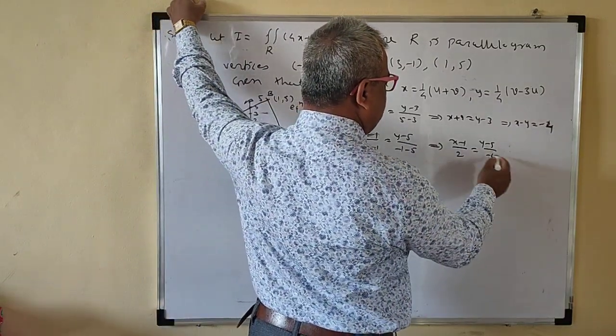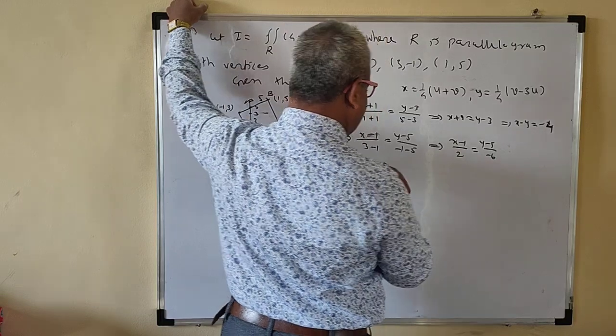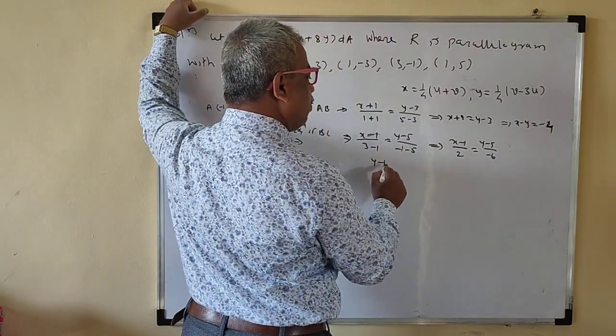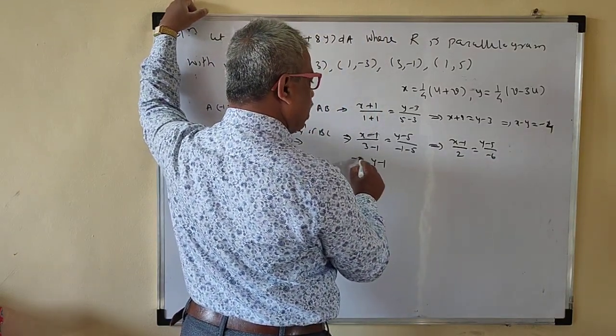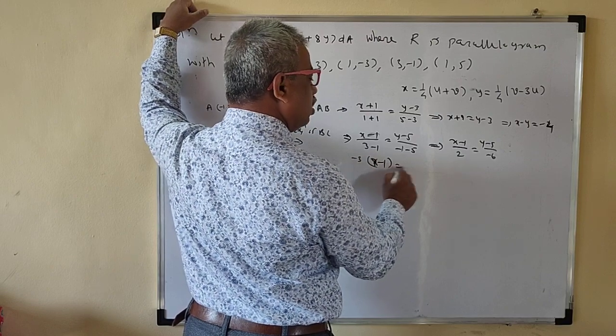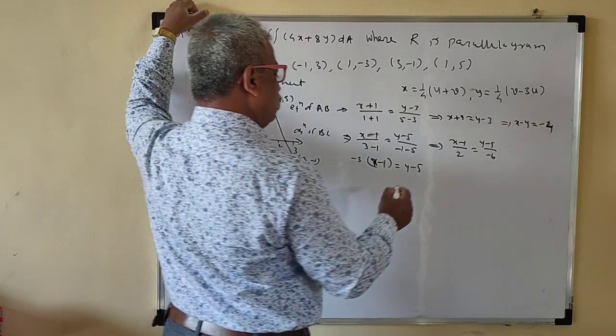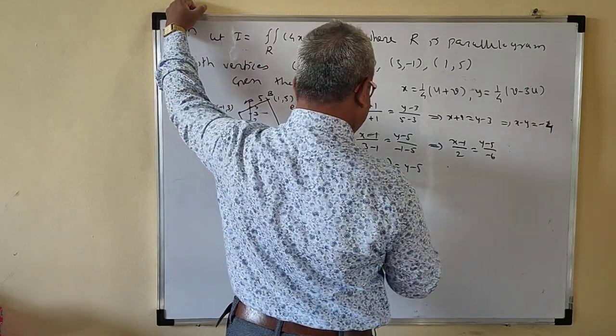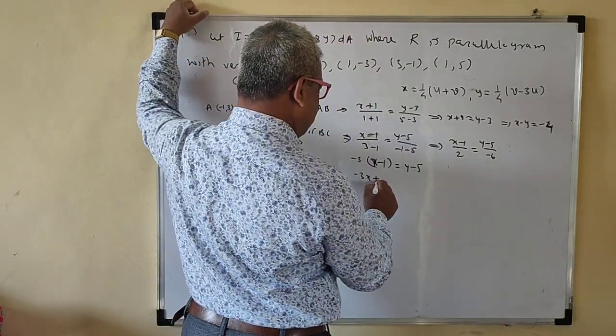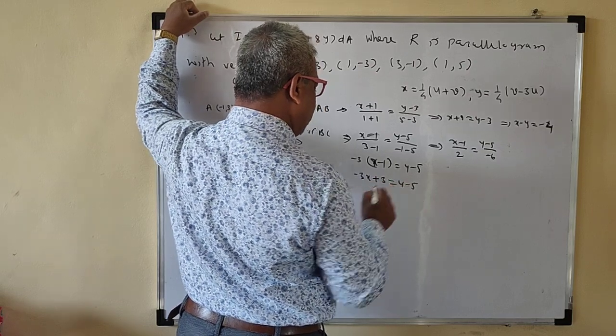Cancelling, this is minus 3x plus 3 is equal to y minus 5.